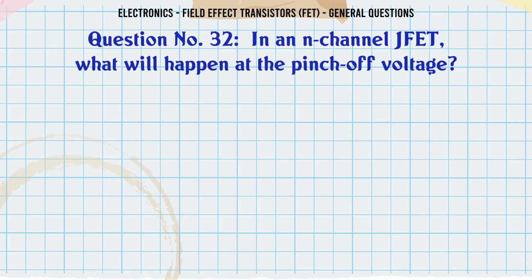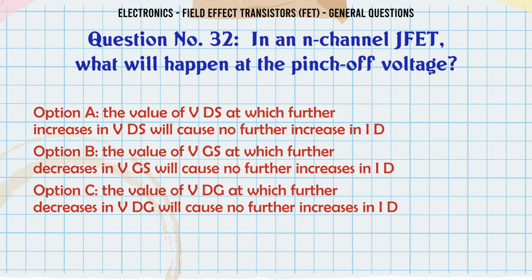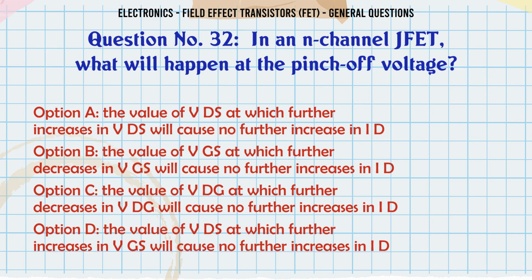In an N-channel JFET, what will happen at the pinch-off voltage? A. The value of VDS at which further increases in VDS will cause no further increase in ID. B. The value of VGS at which further decreases in VGS will cause no further increases in ID.